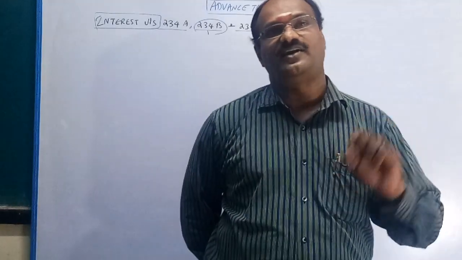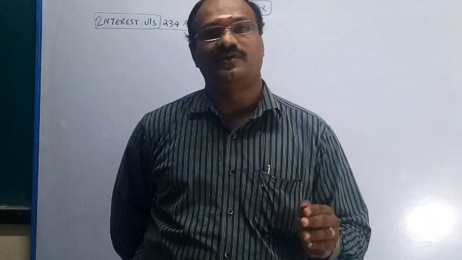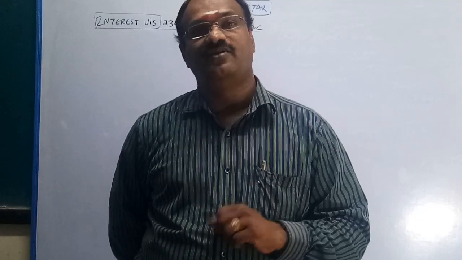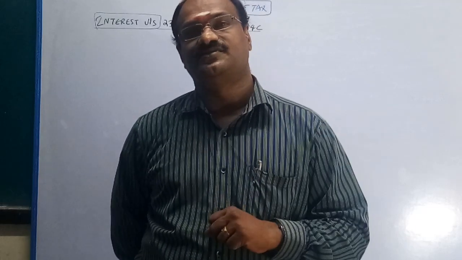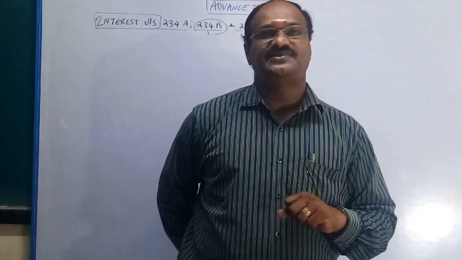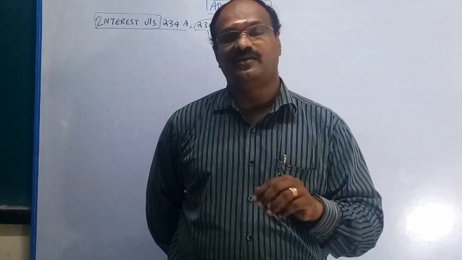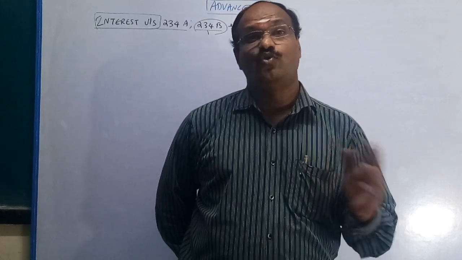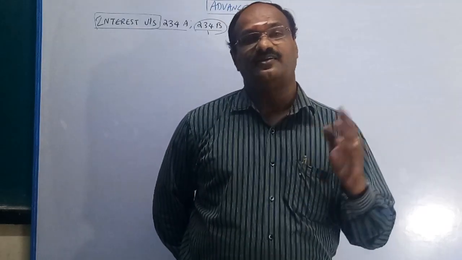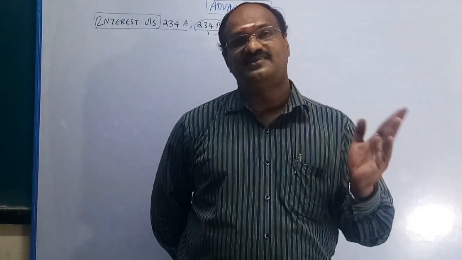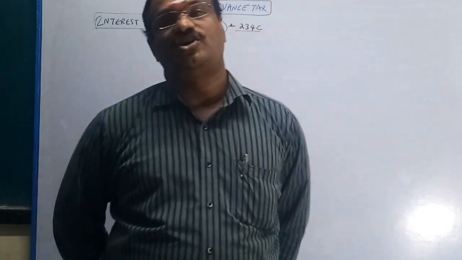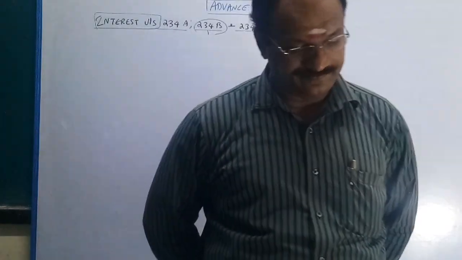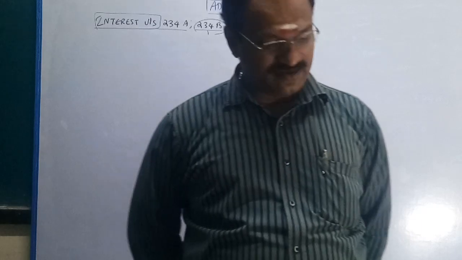Then 234C will not attract. Next example, on or before September 15, 45% of assessed tax they have to pay, but they paid 38%, which is more than 36%. If it is paid more than 12% or 36%, then there is no need to charge 234C.